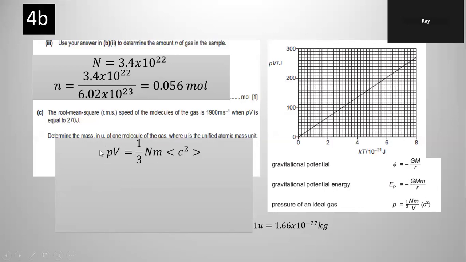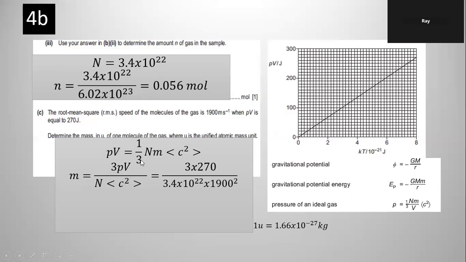PV is given. You want to find m. Take 3 across there. Take N down. Take this mean square speed down. And then PV is 270. Then N, which you have calculated previously.